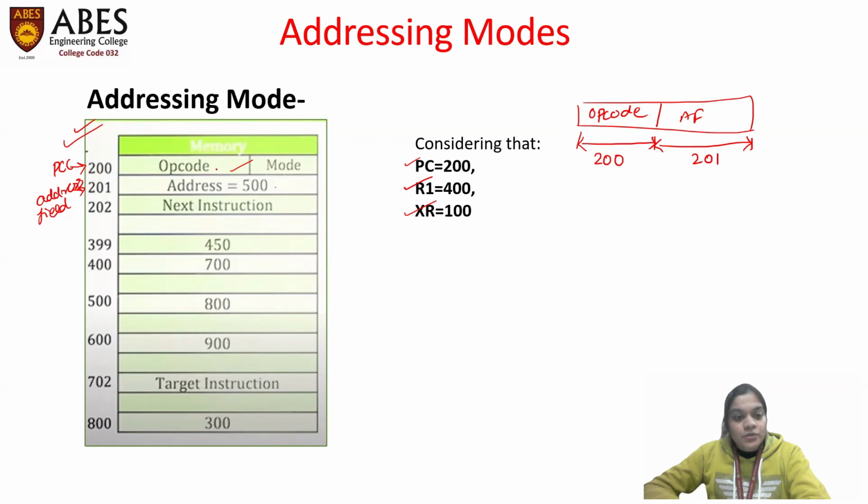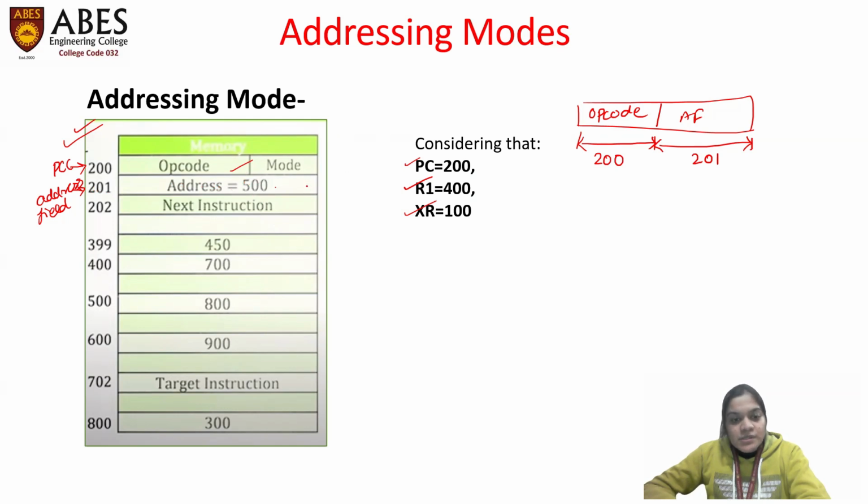Till the time the processor, CPU, is decoding this opcode, the program counter is already at location 201. So as soon as the program counter is at 201, the processor has almost completed decoding this opcode and will fetch the location 201 data.